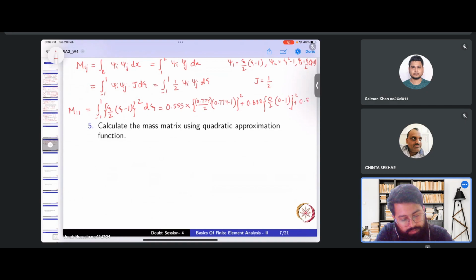Then we have again 0.555 times the function at minus 0.774 by 2 times minus 0.774 minus 1, whole square.